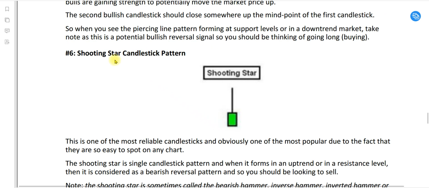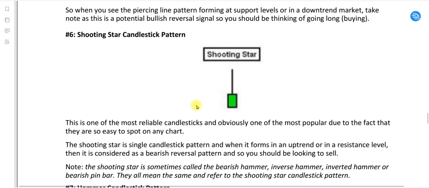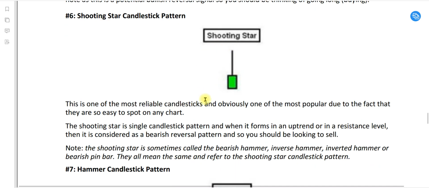The next one of the most commonly used candlestick patterns is the shooting star. You can call it a different name. There are different names ascribed to this shooting star. Some call it the inverse hammer, the bearish hammer, inverted hammer, bearish pin bar. Give it any name. But what we can interpret from this candlestick is that there's a pressure from above pushing the price downward.